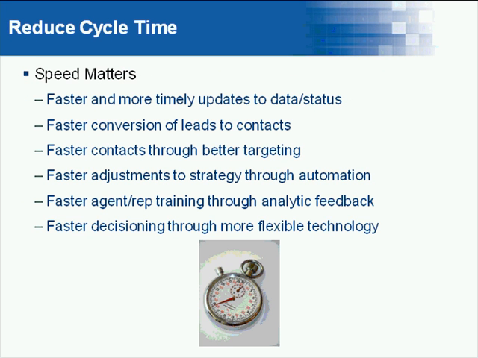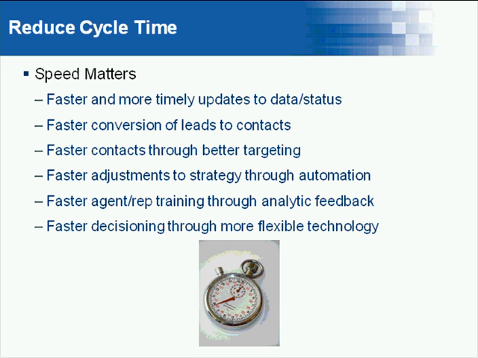You know, speed is so important in today's business environment, and so it's critical that as you map out the use of analytics in your organization, you focus on speed, on reducing cycle time.